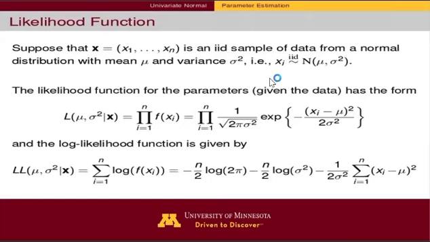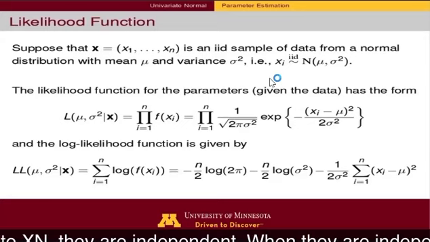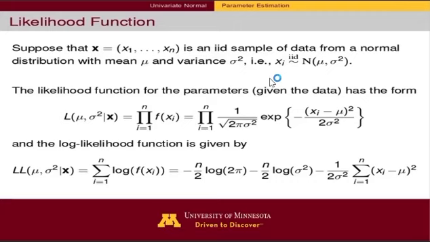It is the product of the marginals. Why is it a product? Because we believe x1 up to xn are independent. When they are independent, you multiply the respective probabilities.